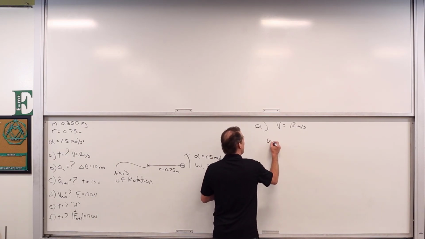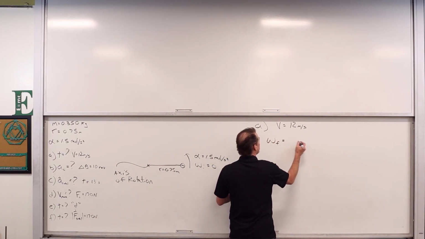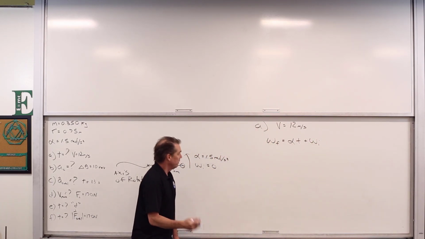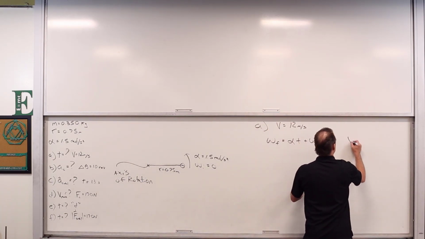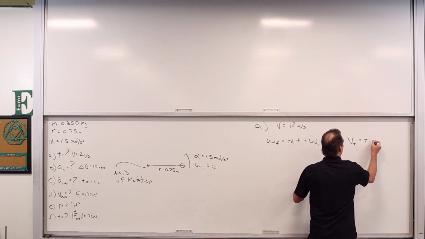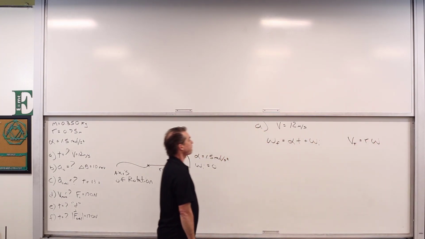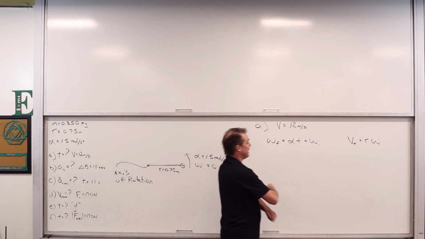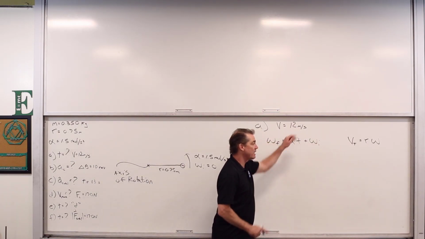We've got that omega final is equal to alpha t plus omega initial in general, and we've also got that v sub t is equal to r omega. So we can get what omega final is in terms of our final tangential speed.